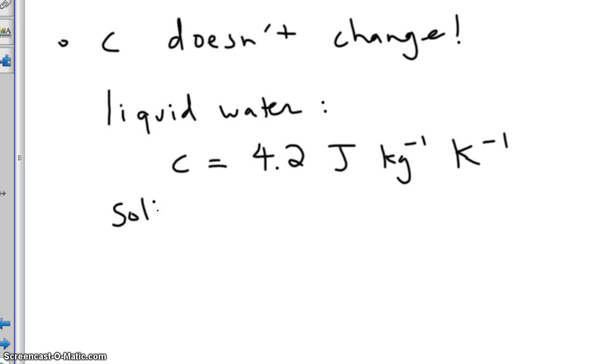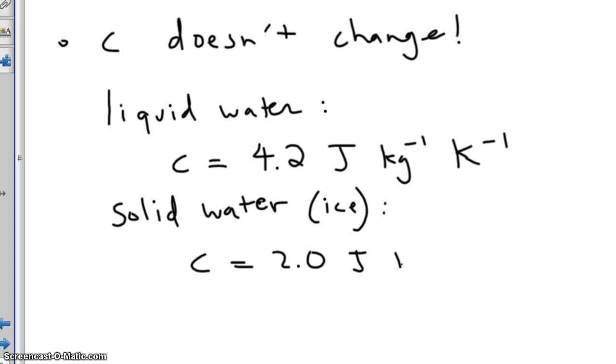Solid water, ice as we call it, in the normal world, has a specific heat, or specific heat capacity, of 2.0 joules times kilogram to the negative 1, Kelvin to the negative 1.